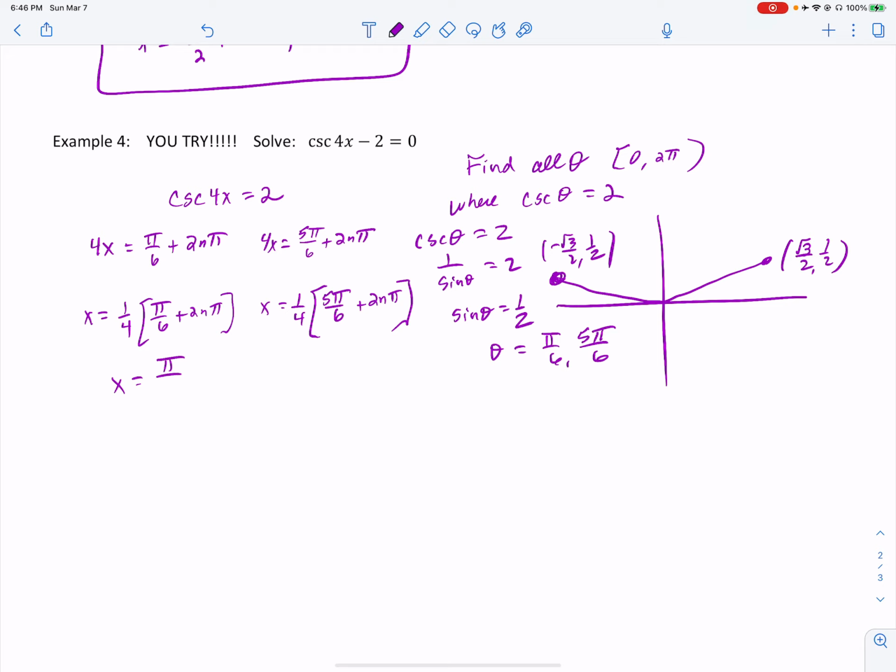And we have pi over 24 plus 2n pi over 4, which is n pi over 2. And we have 5 pi 24ths plus, again, n pi over 2. That'll reduce. And n is an element of the integers.